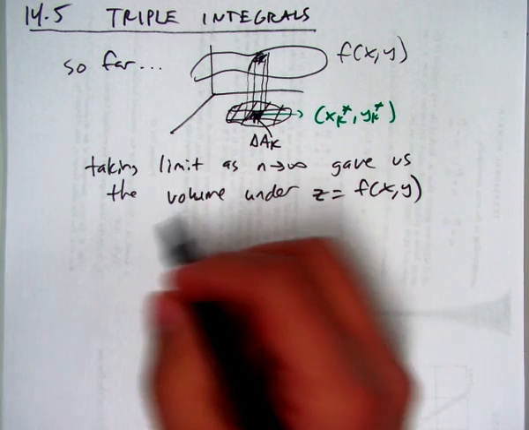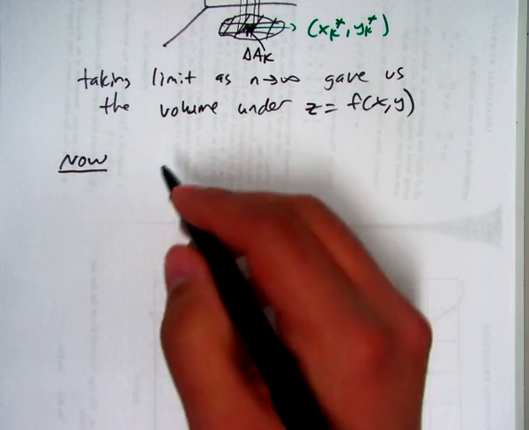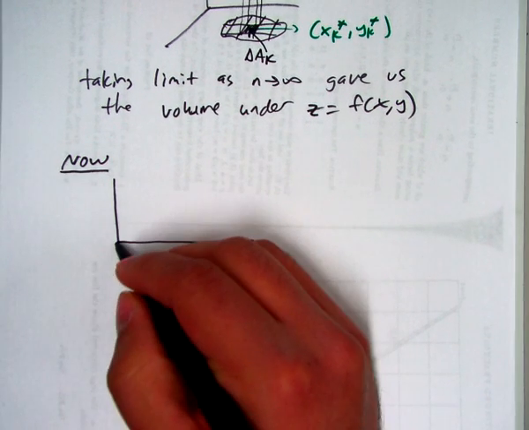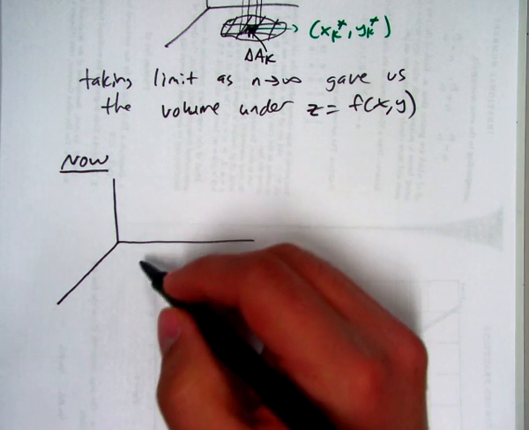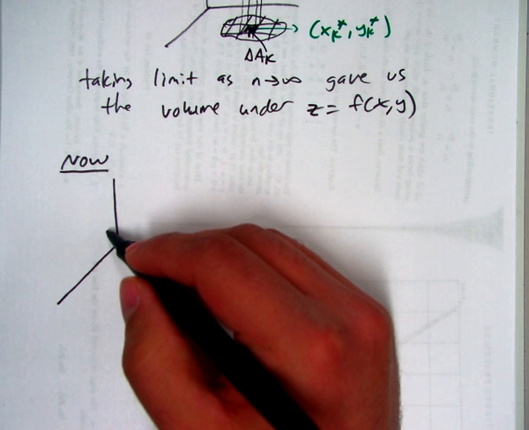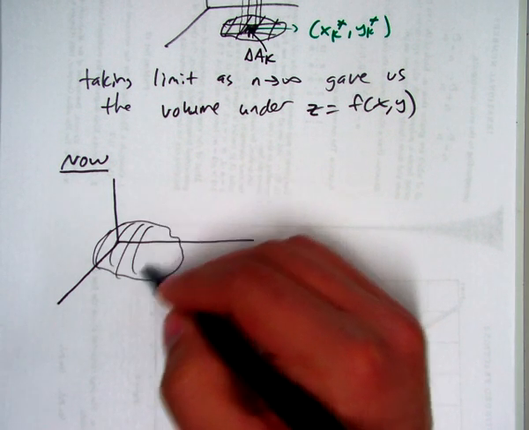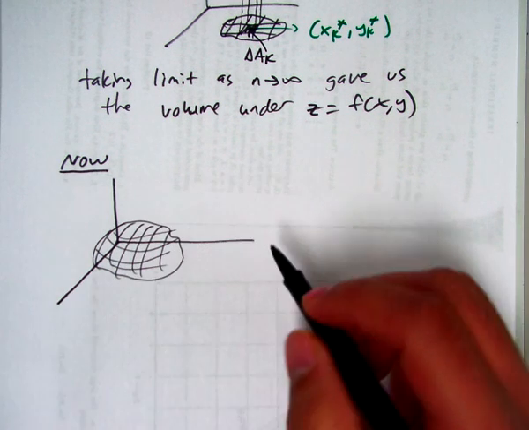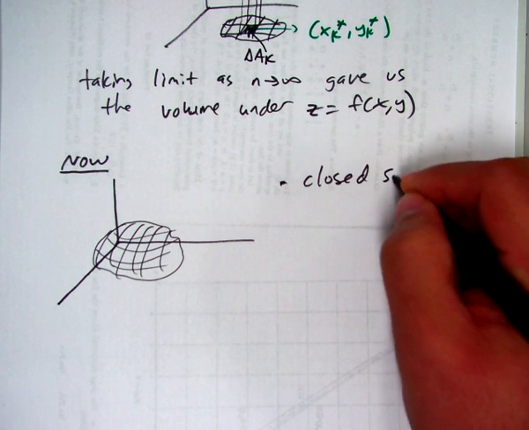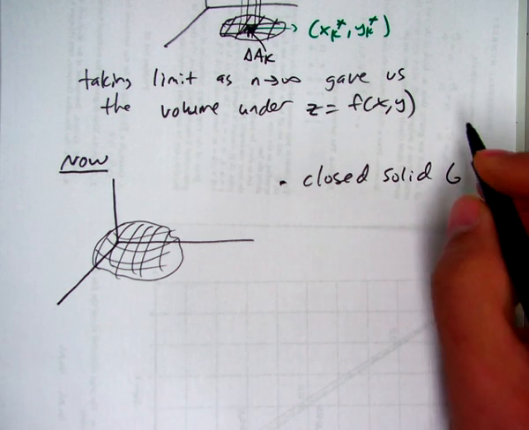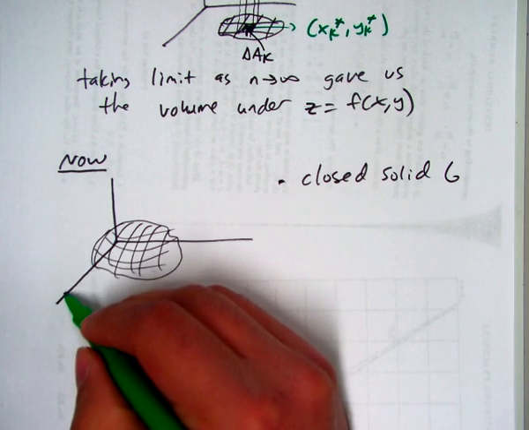Okay, so now we're going to have some solid that we're going to call G. So closed solid G. We say it's closed because it can be contained in a box.